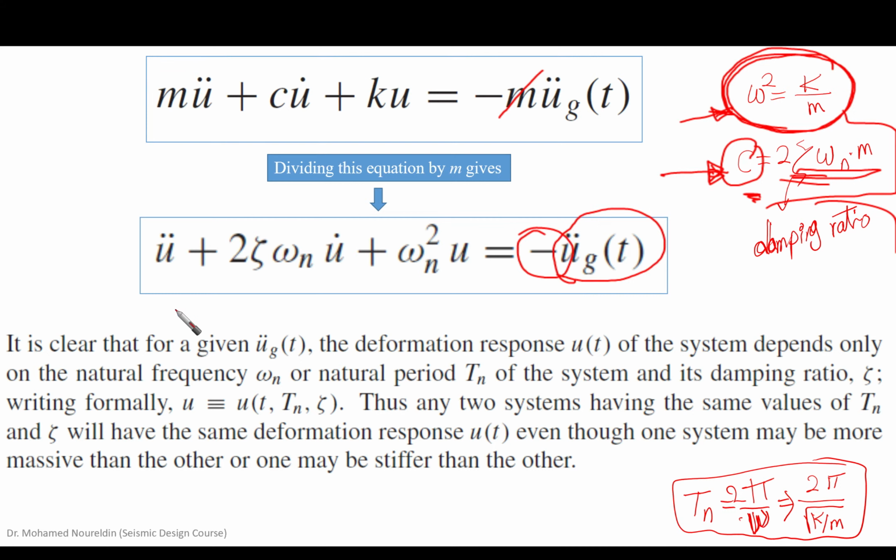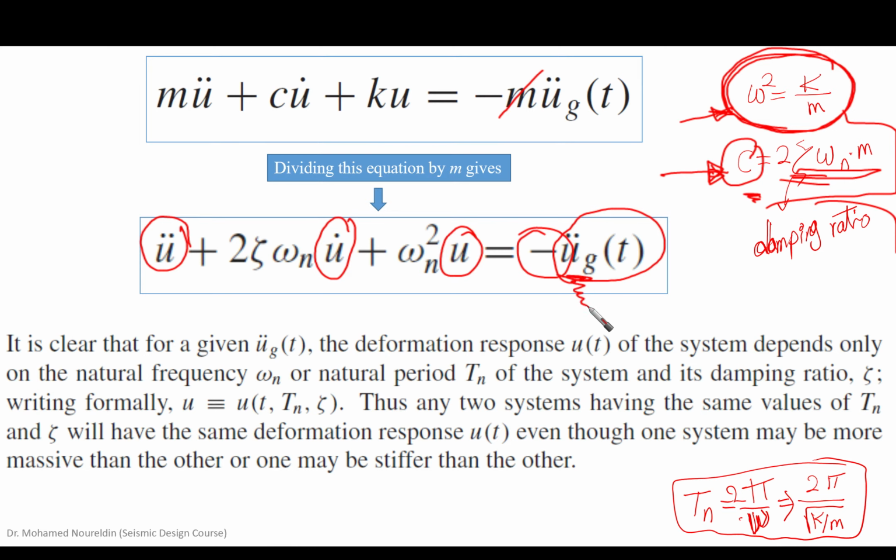So what is the point here? The point that we want to highlight is, look at this equation deeply. You are going to find that u double dot, u dot, and u, which are the acceleration of the mass, the velocity of the mass, and the displacement of the mass, are functions of what?